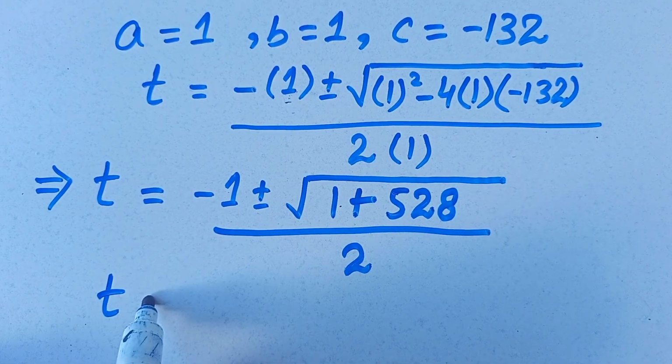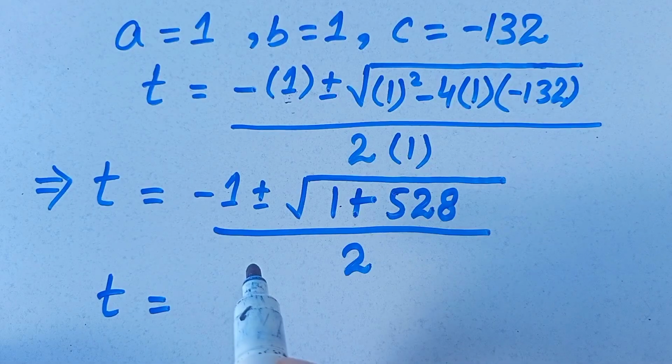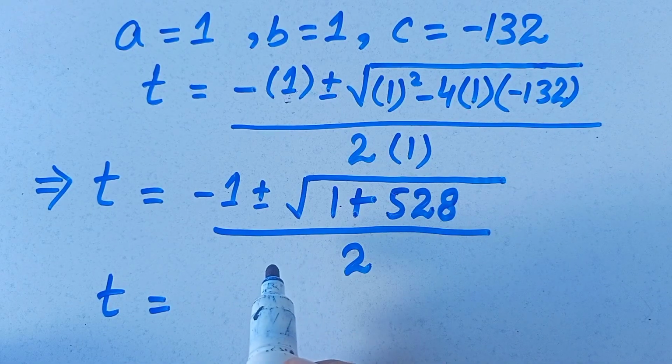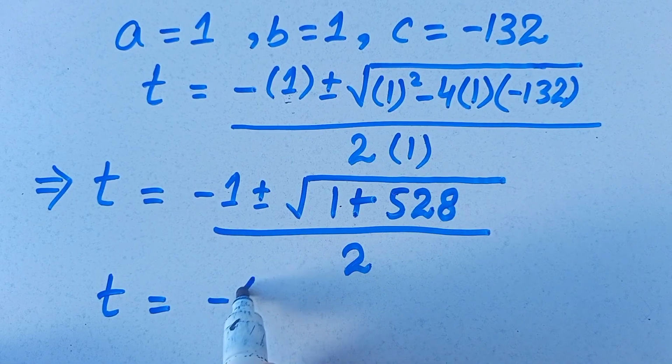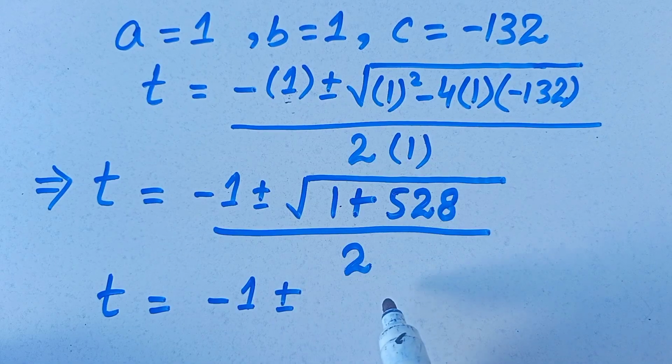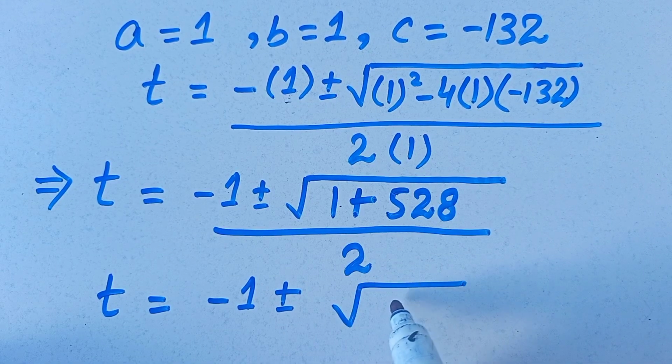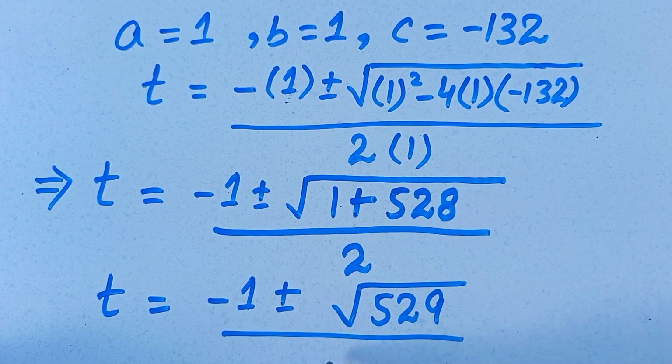Now writing t equals negative 1 plus or minus the square root of adding 1 and 528, which is 529, divided by 2.